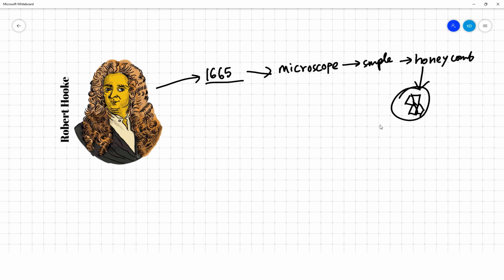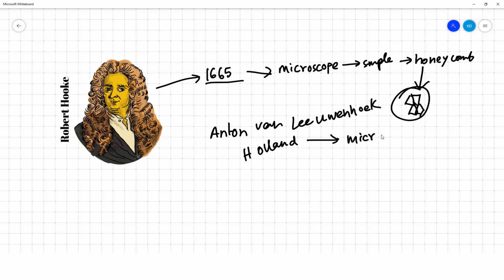Soon after Robert Hooke discovered cells in cork, another scientist, Anton van Leeuwenhoek from Holland, made another important discovery using another microscope.